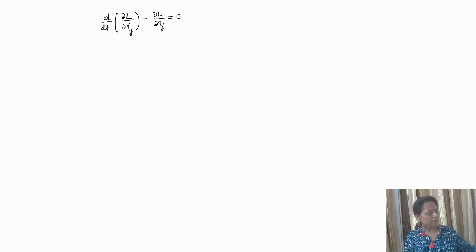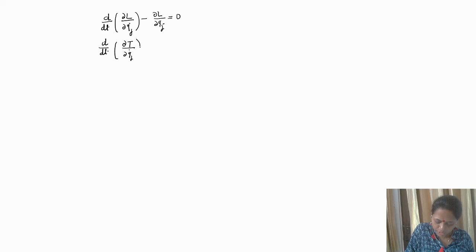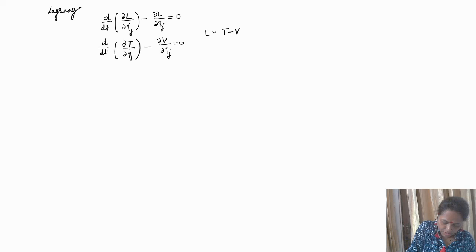In this, we have shown that d/dt of delta L by delta Qj dot, you may write it as delta T by delta Qj dot, because delta V is independent of Qj dot, minus delta V by delta Qj, because L is T minus V. We can call this Lagrange's equation of motion, as this is the next part of this theorem.